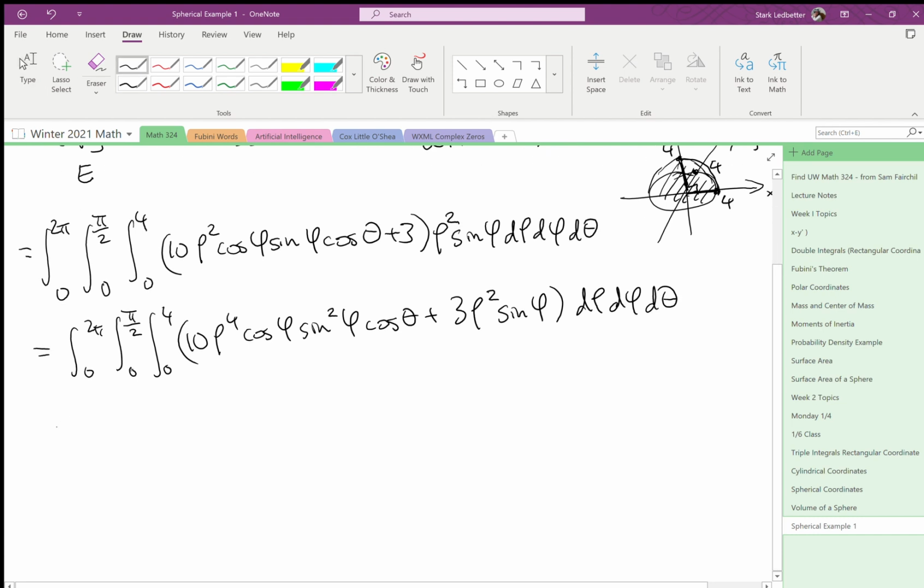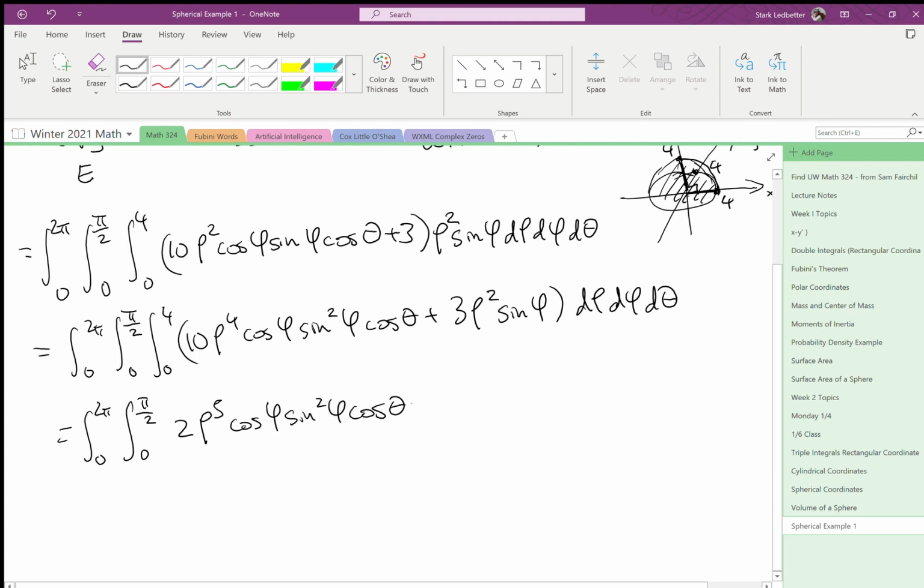Okay, great. Now I can integrate with respect to rho. And I'm glad I kept the 10 inside because this will be rho to the 5. I'll divide by 5, so I get a 2 rho to the 5 cos phi sine squared phi.